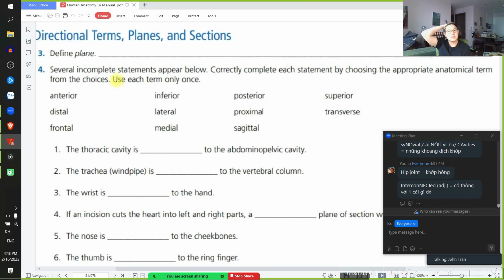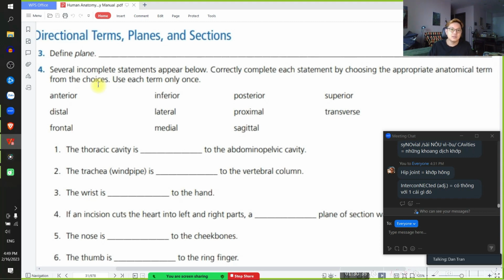Sagittal is related to Sagittarius, because that's the figure of half human, half horse, shooting arrows. Sagittal or mid-sagittal. Okay, mid-sagittal, frontal, and transverse.